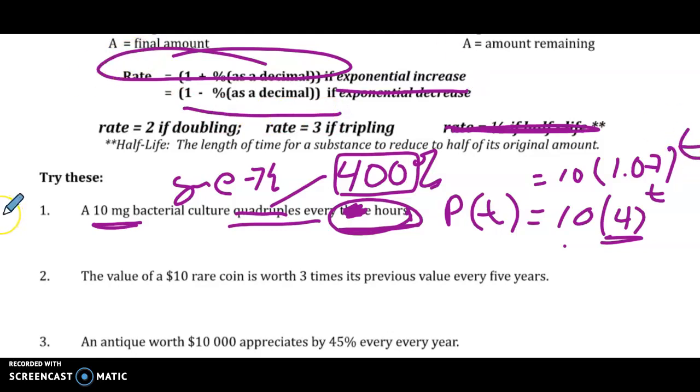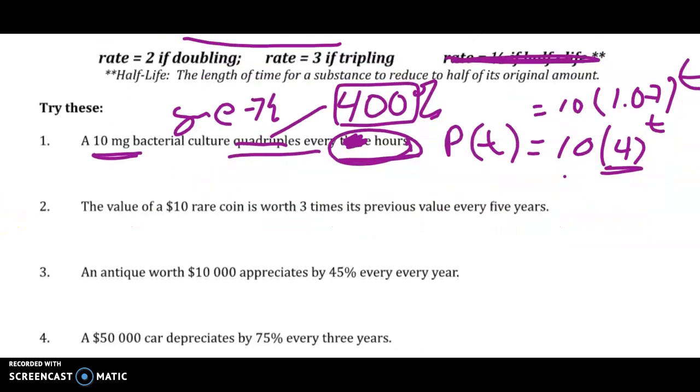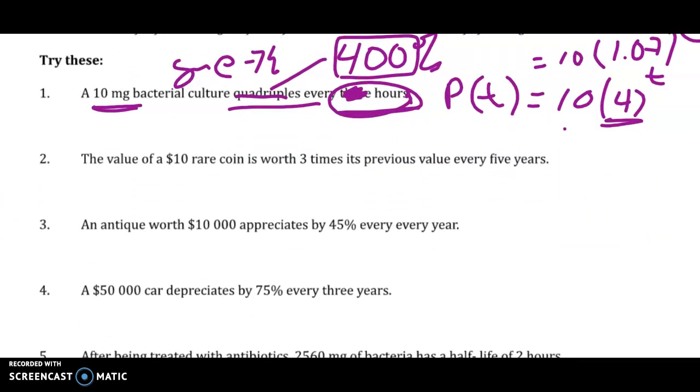A rare coin is worth 3 times its previous value every 5 years. I'm not going to hold you to this one, but I'll show it to you. Every 5 years, it triples.